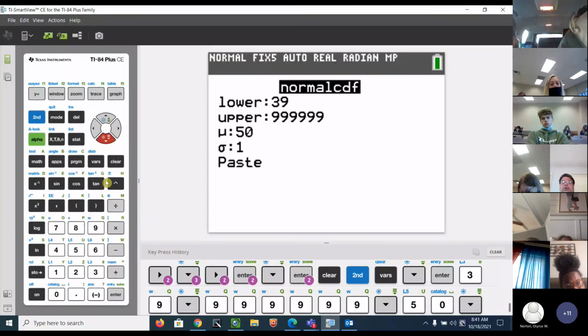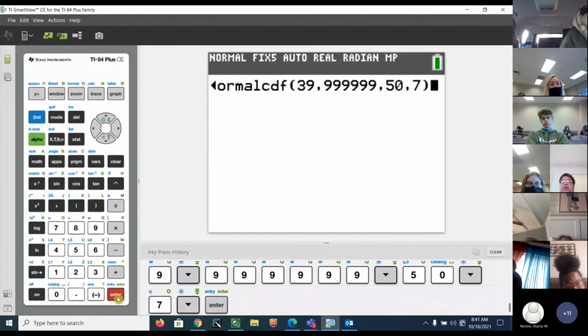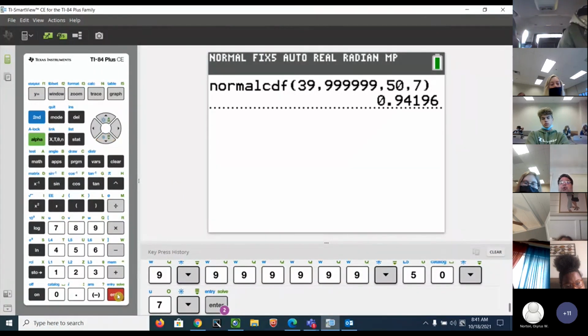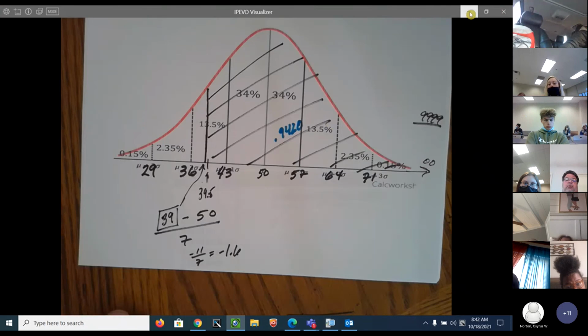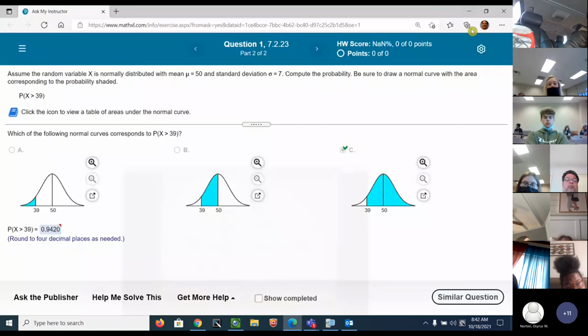If you have a newer calculator, you can put everything in and just hit paste. 0.9420. And there it is, 0.9420.